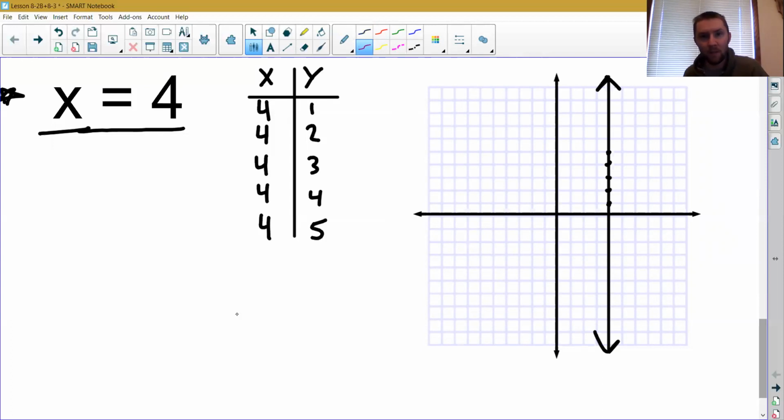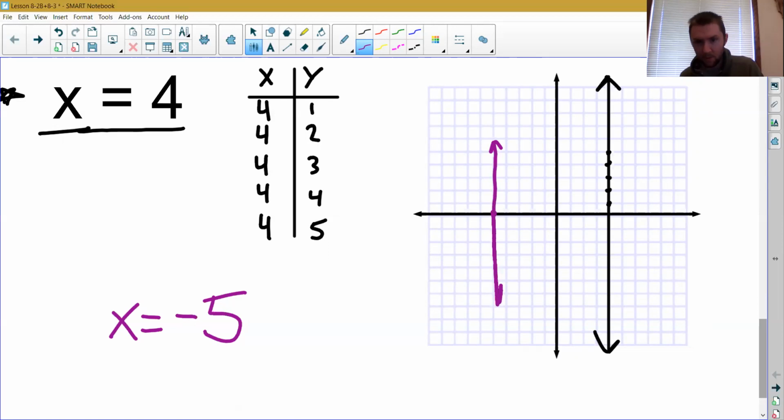All right, so just another example for you. When you graph the equation x equals -5, we simply have to go to x equals -5. So on my x-axis, I go to 1, 2, 3, 4, 5, and I draw a vertical line. Straight up, straight down. Okay, draw a vertical line at x equals -5.